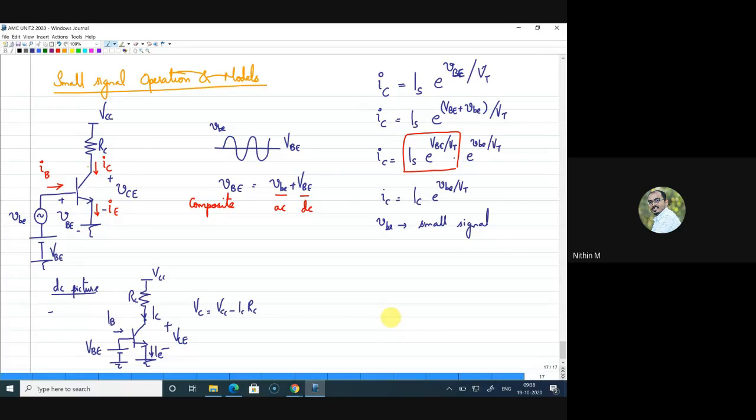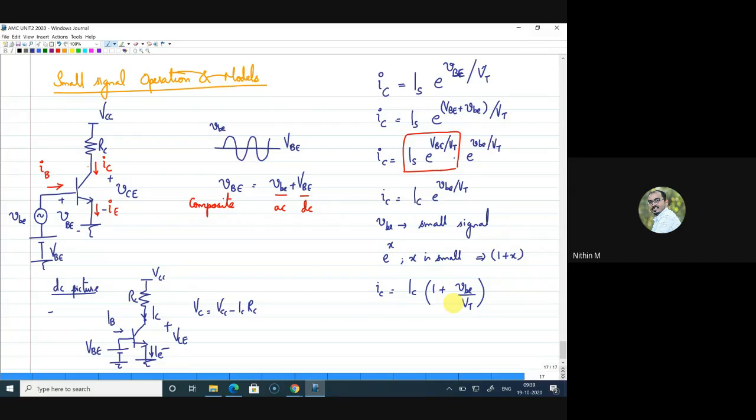Yes, Kirtana, it is true. So when you have e to the power of x, and when your x is very small, I can approximate this as 1 plus x, right? So I'll do the same thing here. I can write IC as capital IC, which is the DC current, into 1 plus vbe divided by VT. With the understanding that vbe is a very small signal, approximately a few millivolts, right?